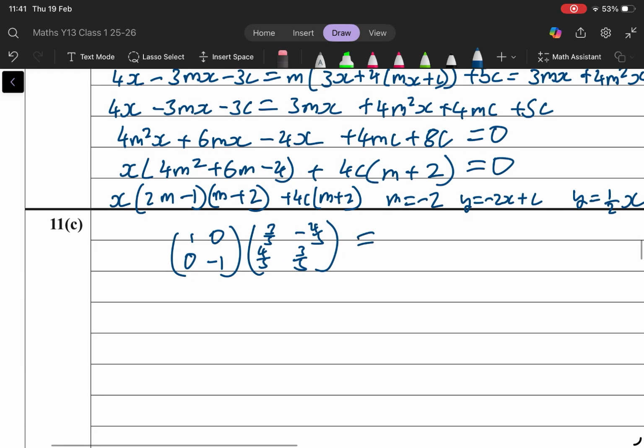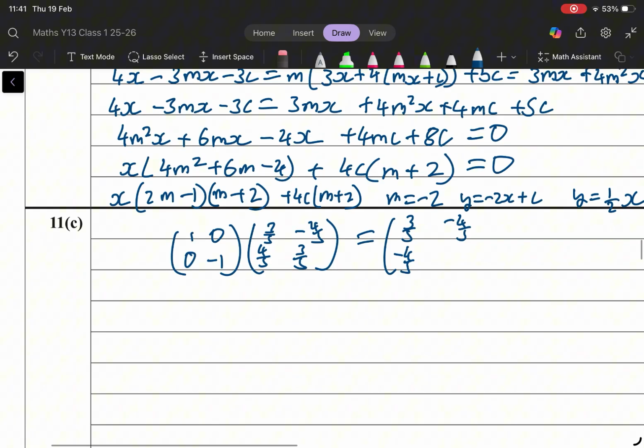And this will be 3/5, 0, minus 4/5, 0, and then 0, wait, 3/5, 0, and then minus 4/5, 0, and then 0, and then minus 4/5, and then 0, minus 3/5.